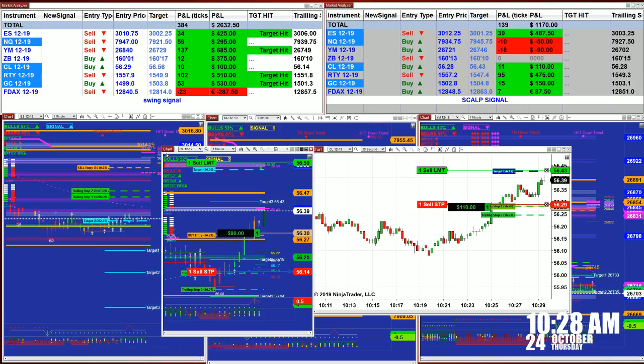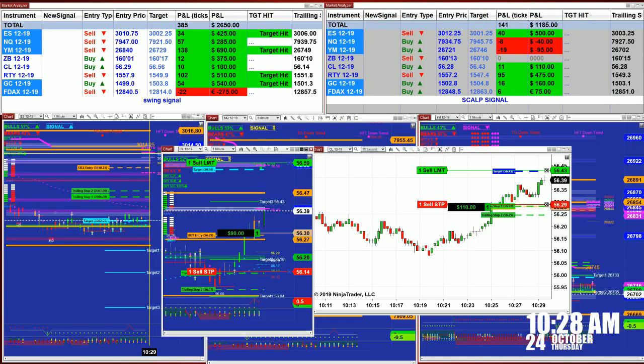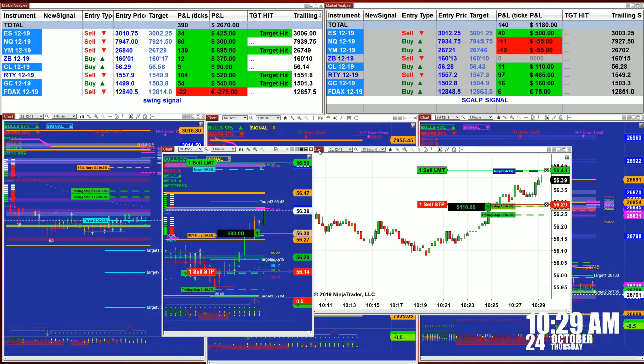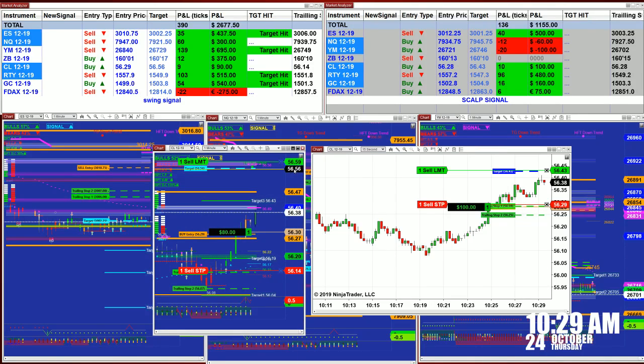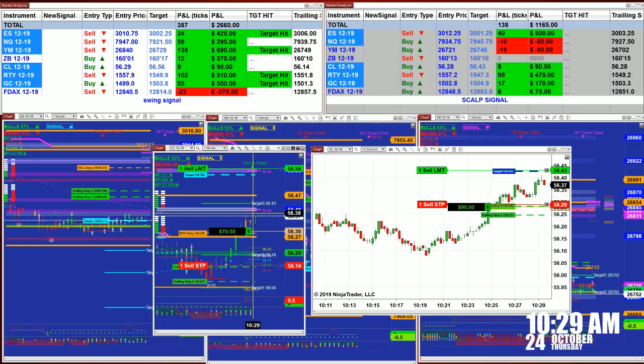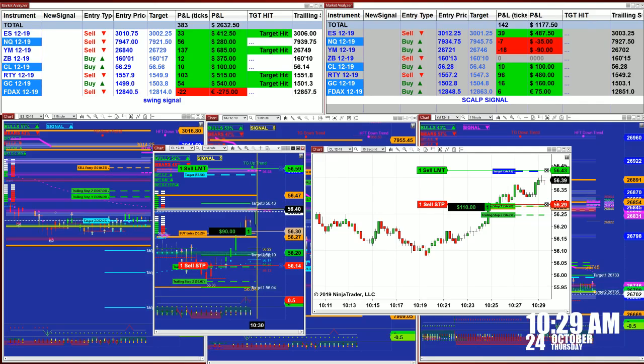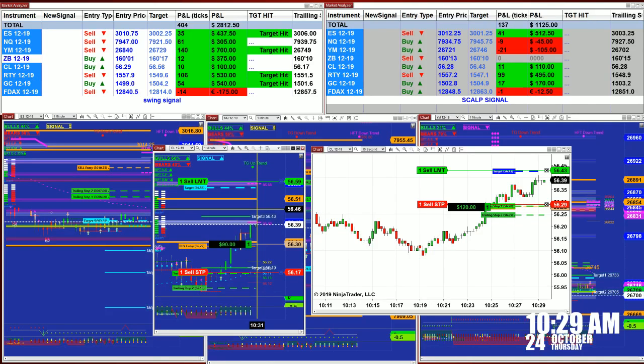This is the automated trade. You can extend the target if you want to, or increase your trailing stop, or anything. You can interfere with it. But I'm concerned with the 56.40. You will notice very soon those lines are extremely strong.